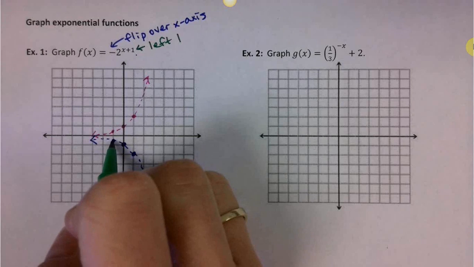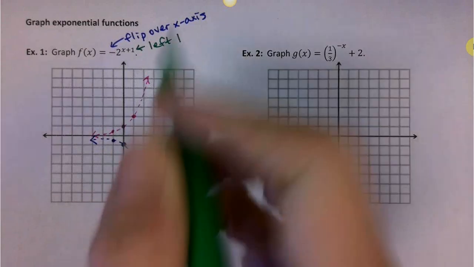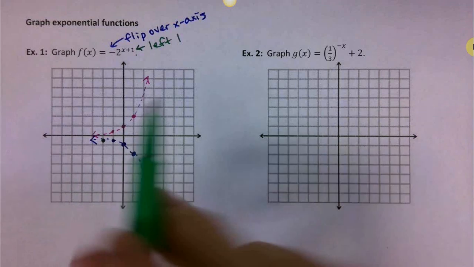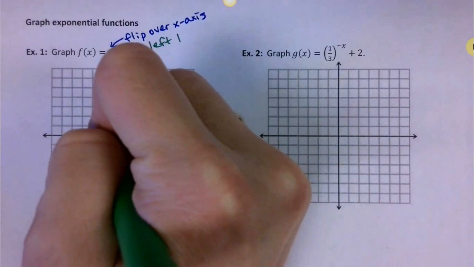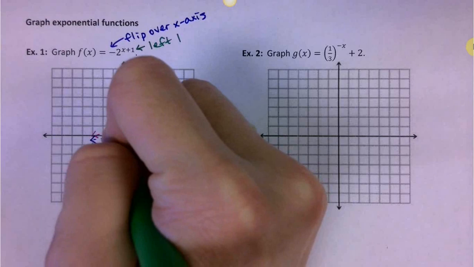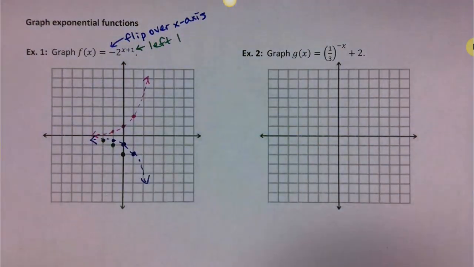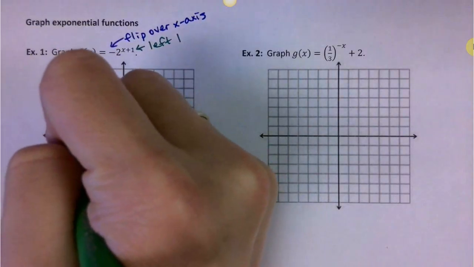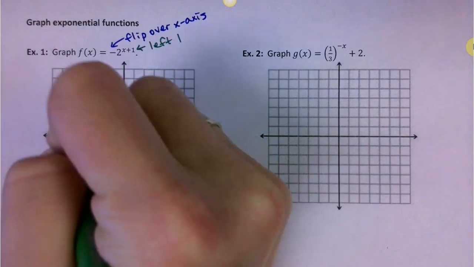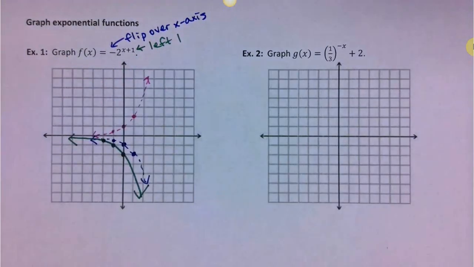So that's going to change the x coordinate of this first point to -2, the x coordinate of this point to -1, and the x coordinate of this point to 0. And then connecting these points, here would be the final graph of -2 to the x plus 1.